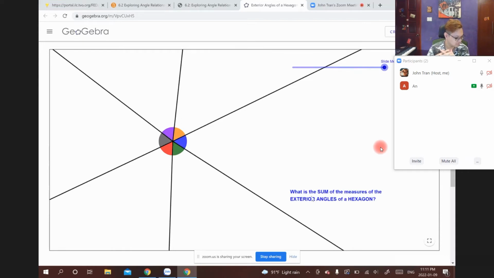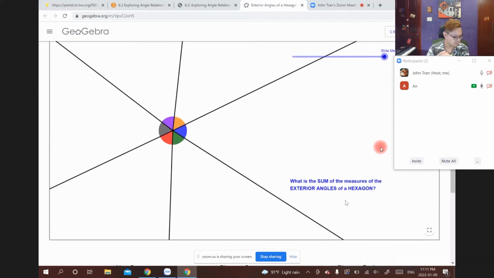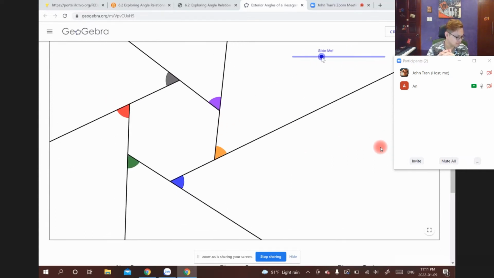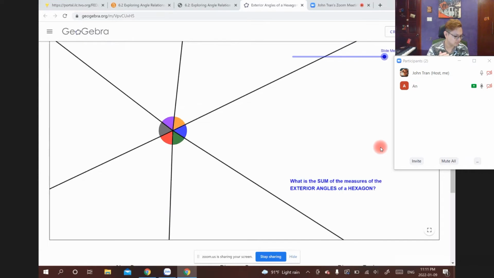What is the sum of the measures of the hexagon's exterior angles? So just add it up, it becomes 360.